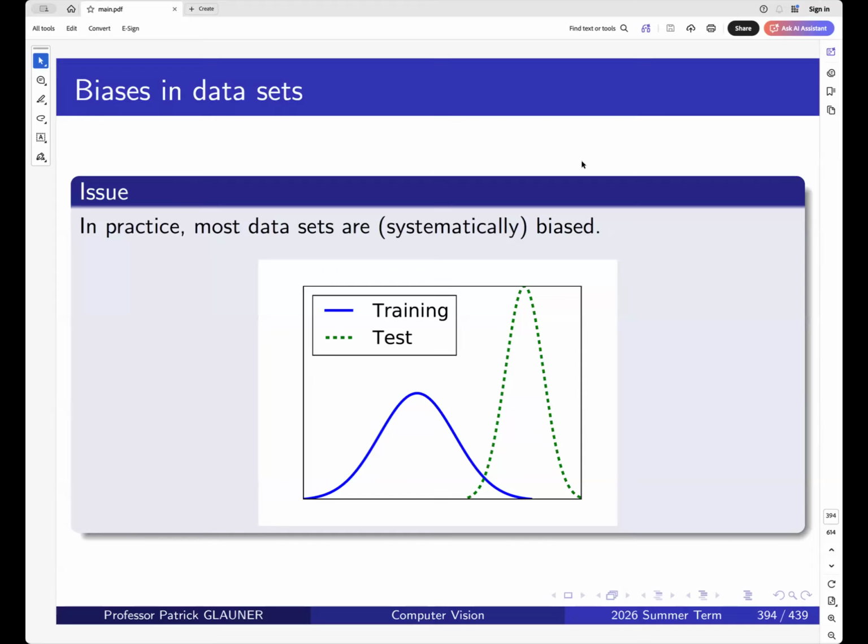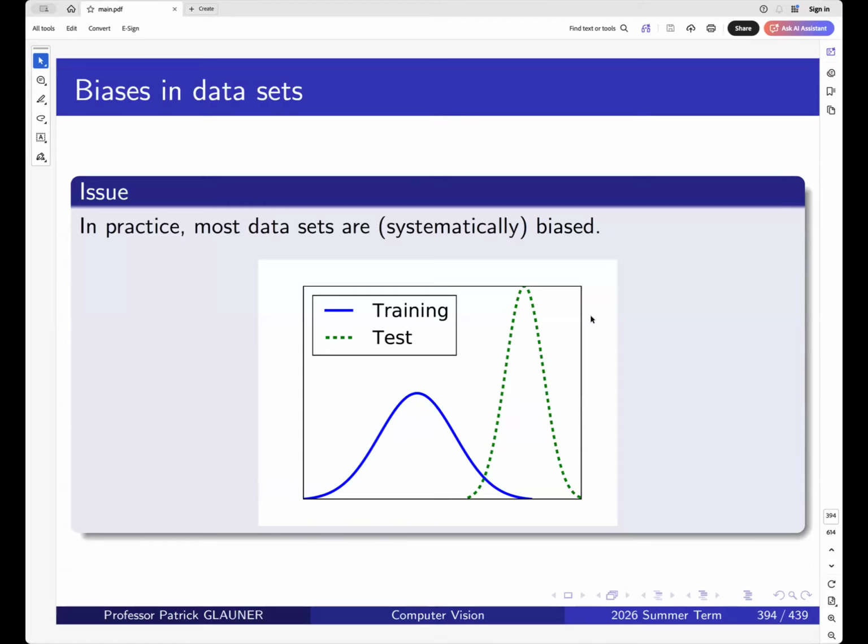And so in practice, most data sets are biased. And what does that mean? Obviously, we want our test data to be different to the training data, because we train on a training set and then we want to test it on data we have not seen before. That's normal.